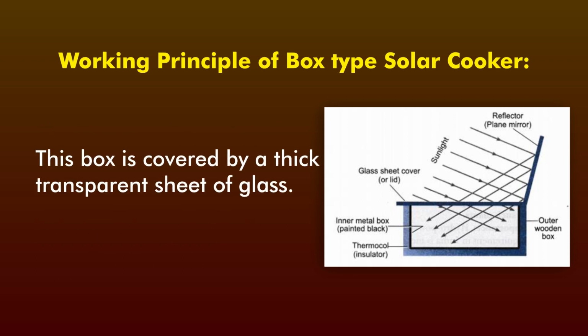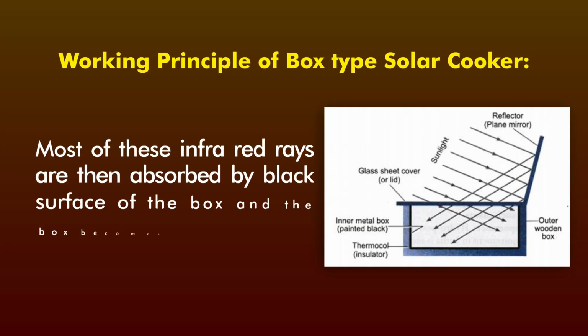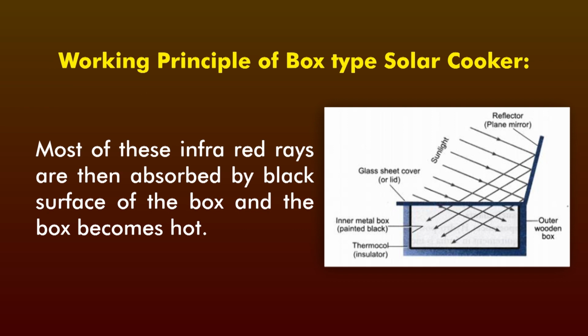This box is covered by a thick transparent sheet of glass, and when the box with the glass cover is placed in the sunlight, the glass cover allows the infrared present in the sunlight to pass into the box. Most of these infrared rays are then absorbed by the black surface of the box.